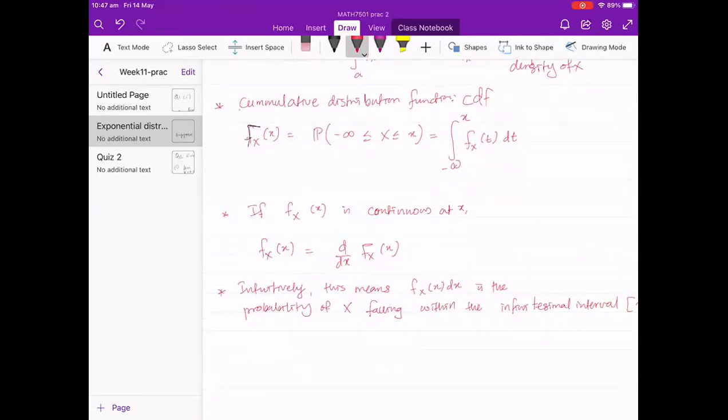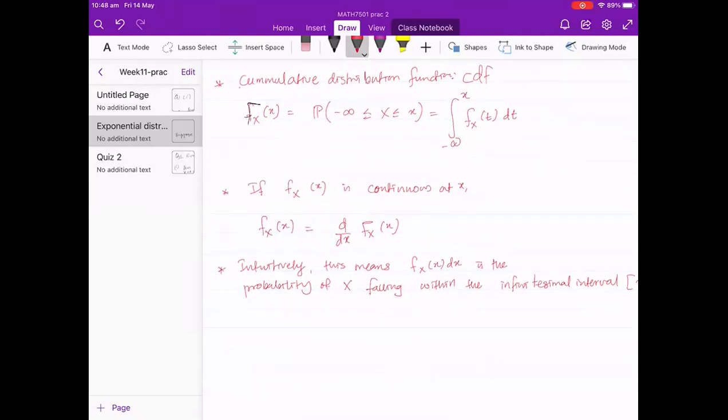If the PDF is continuous at x, then the relationship between the PDF and the CDF is that you can get the PDF by differentiating the CDF.